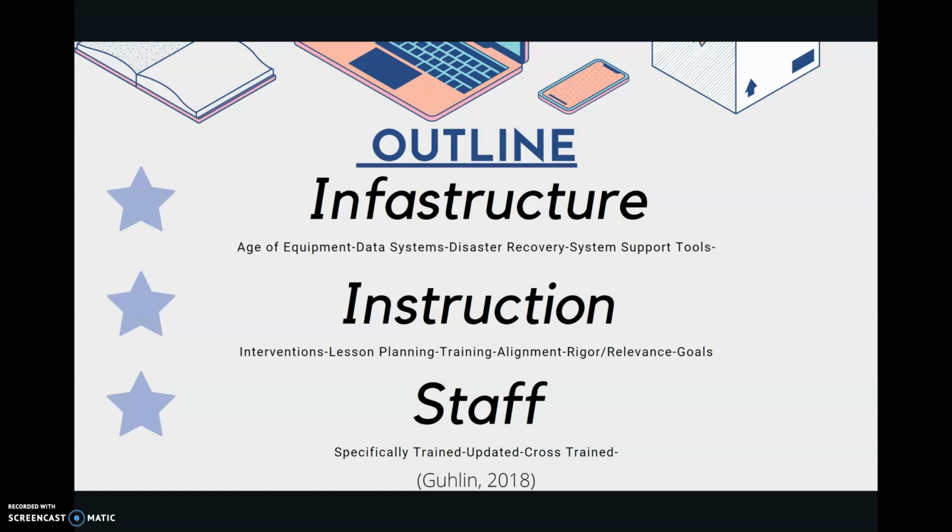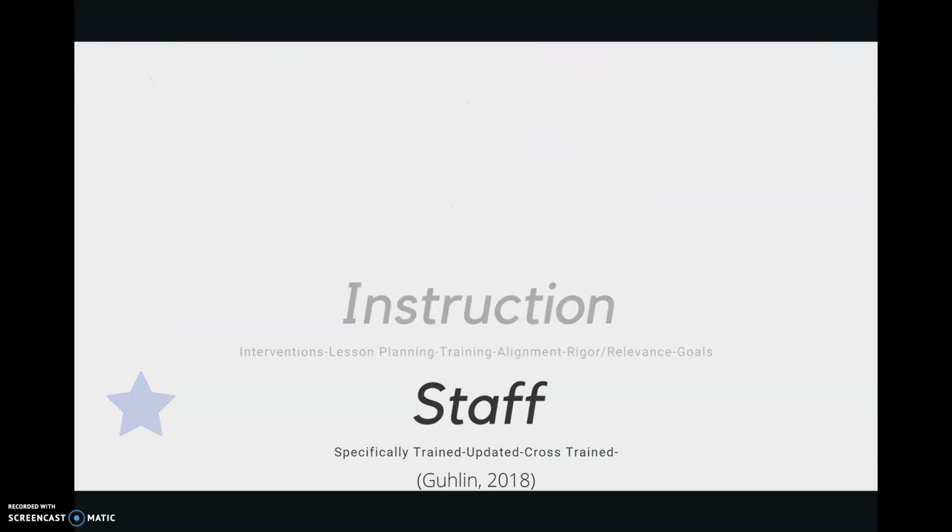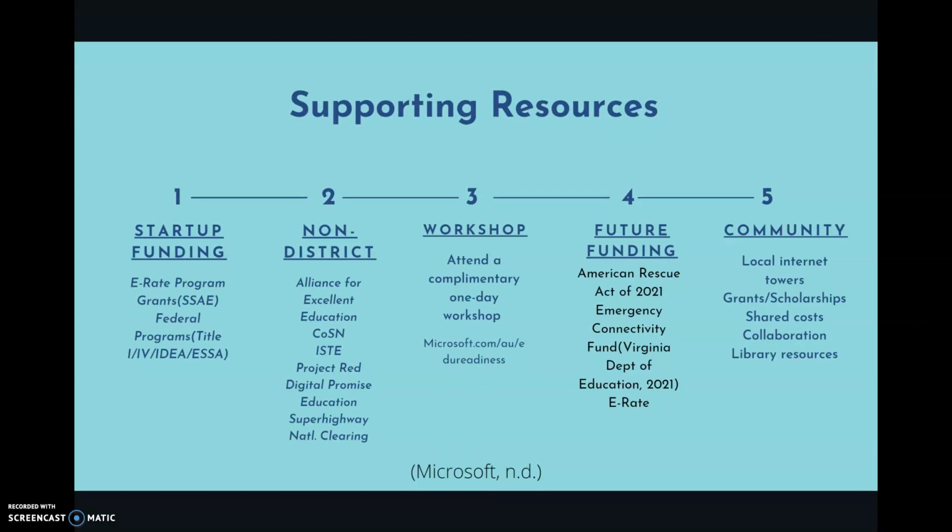They need to be cross-trained, and that was an important aspect in the reference material. Not just having a person who is only good at network security, but having multiple people that can handle that network security in case that person decides to leave or change jobs or move into something else. We need to have people that can step into those positions without any kinks in the chain.